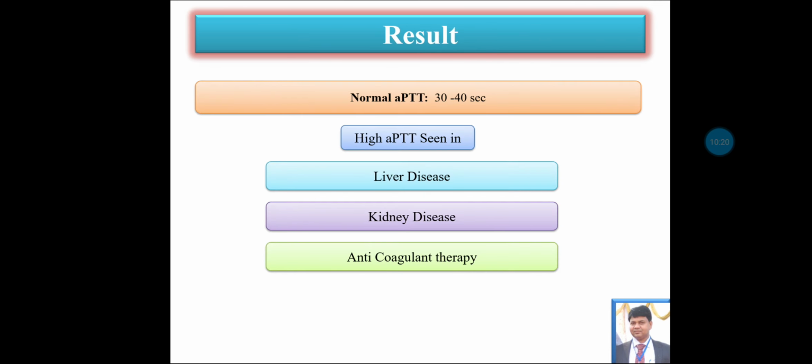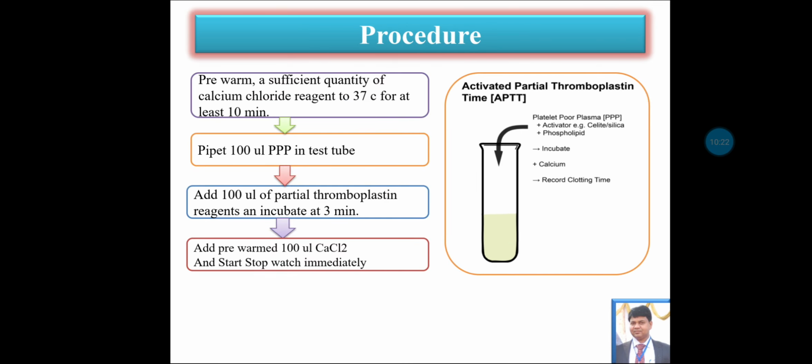So on the right side we can see the tube which contains the platelet poor plasma along with the activator or partial thromboplastin, which is composed of the activator and the phospholipids, but there is no tissue factor. This is incubated, and again we add the calcium chloride and record the time.